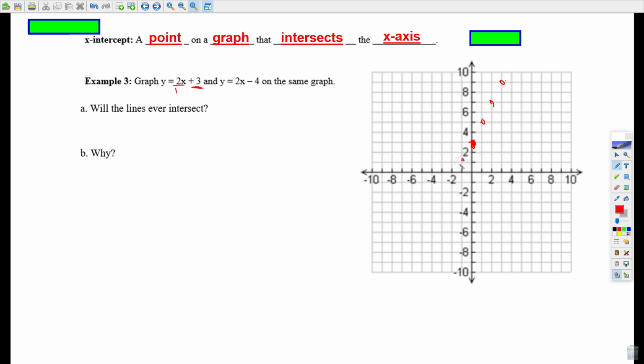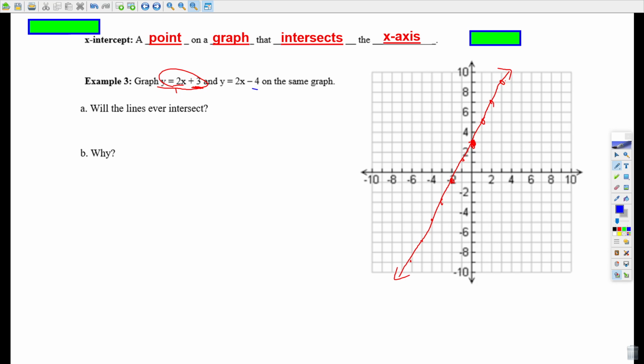Down 2 over 1. Down 2 over 1. Okay, and then draw your line. Really not good at drawing straight lines on this. There we go. So that's the red one. Let's change to blue.